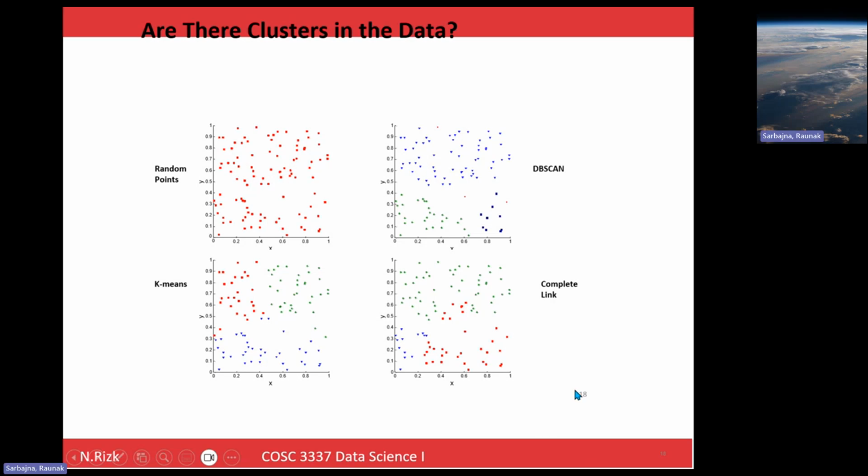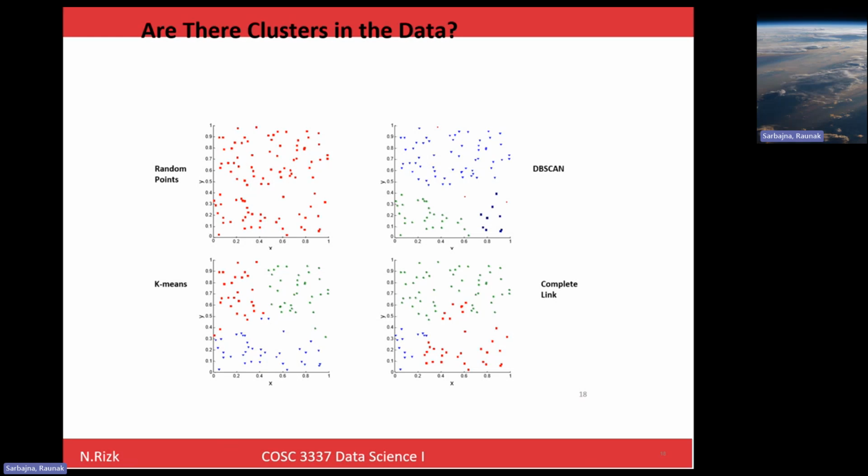So this is an example of taking random points, spread out randomly over the coordinate axes. If you use different types of clustering, you'll find that each is creating some random clusters. In my opinion, DBScan does the best job, but because these points are random, none of them are actually doing a good job because there is no cluster in the underlying data.